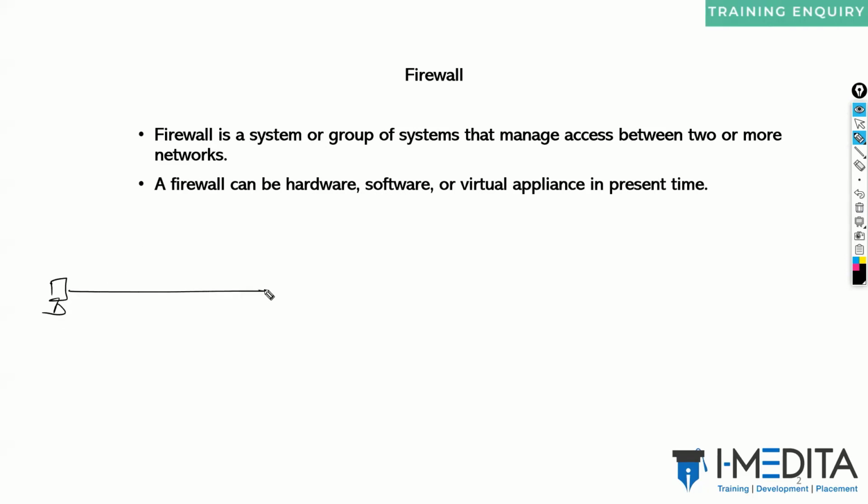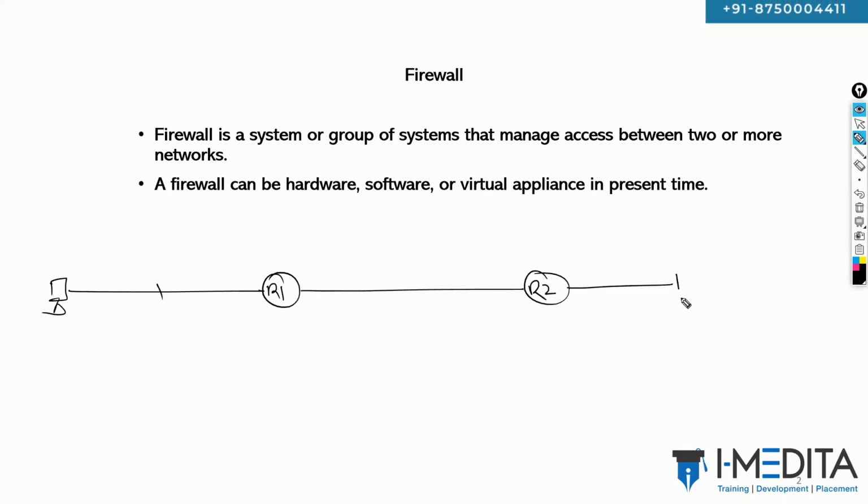We have PC connected with router, which is connected with router 2. You can also add switches here. And then we have another PC.